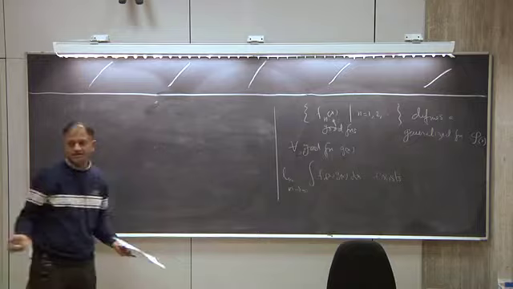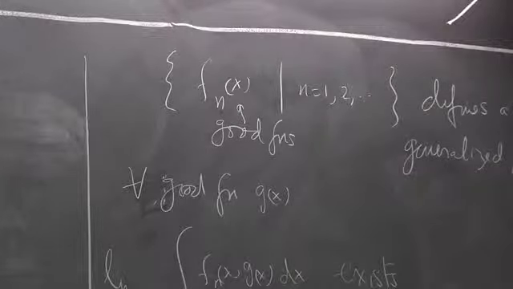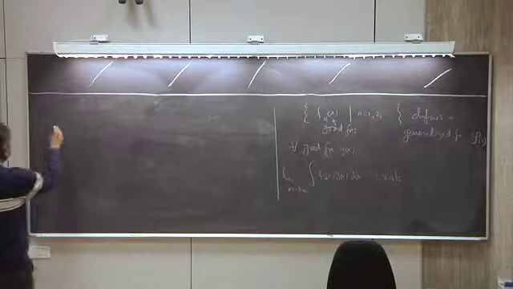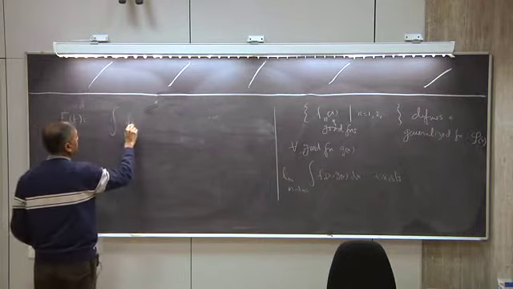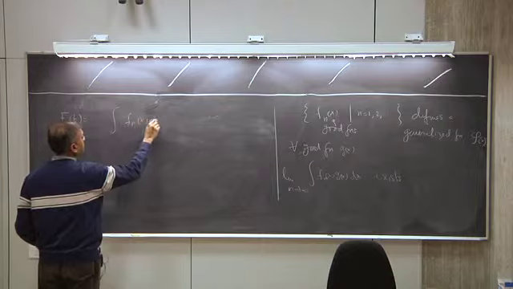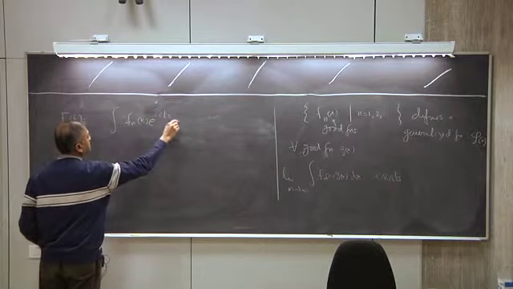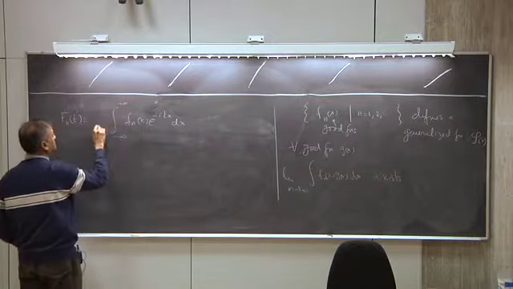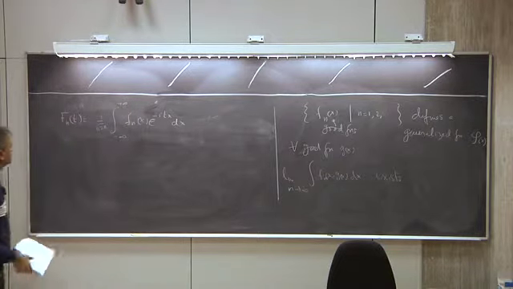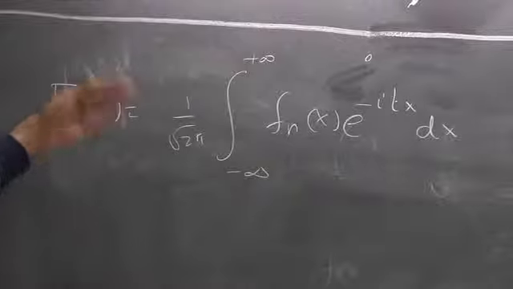So let's take the Fourier transform of each of them. Let's define the Fourier transform F_n(t), which is simply the integral of f_n(x) e^{-itx} dx. These are also good functions, from the previous theorem.